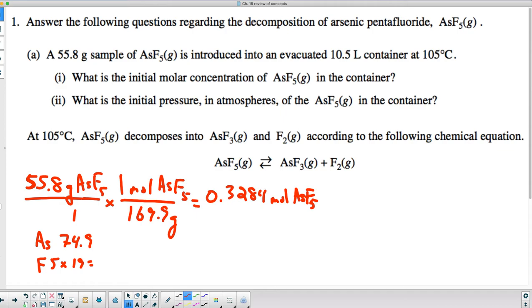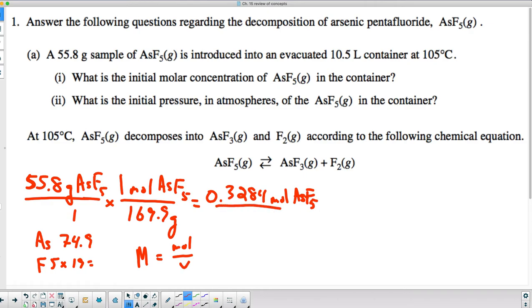So it says, what's the initial molar concentration? You guys know from thousands of calculations, it feels like, capital M, which is molarity, is equal to the number of moles divided by volume. That's where we are.